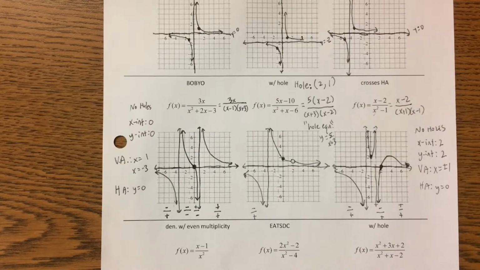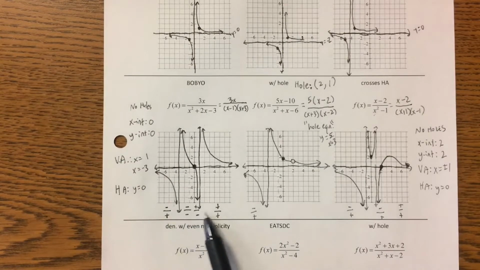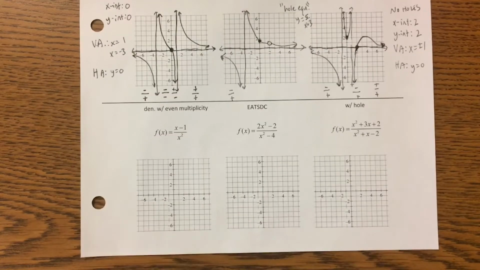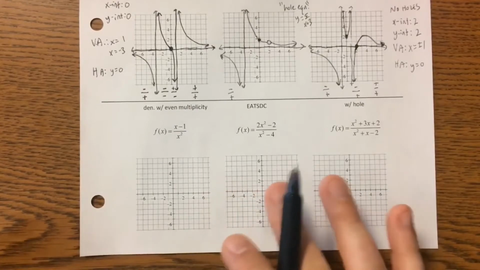So you can always fall back on this plus minus stuff, but if you know that extra piece, you can bypass that a lot of the time. So just a little tip there. Again, if that goes over your head, you don't really need to know that, because you can always just test each interval separately, but that's a little shortcut to help you graph more quickly. So let me show you in action what that does.